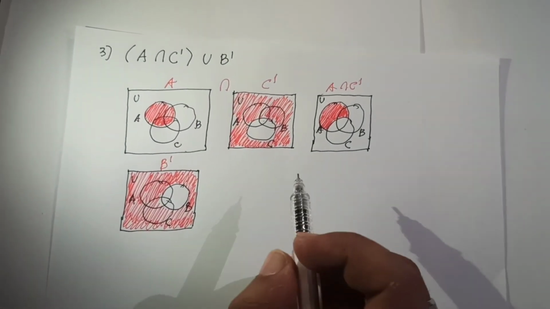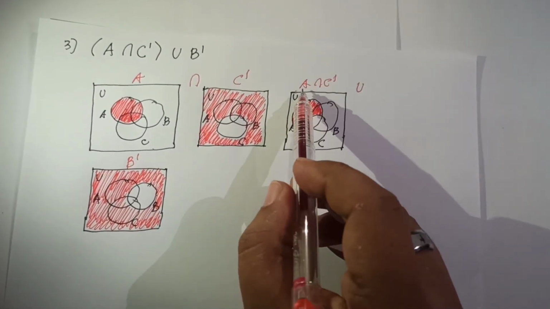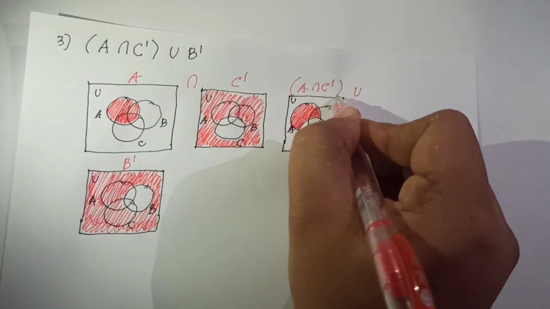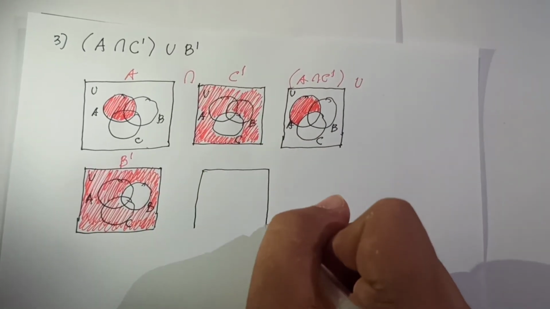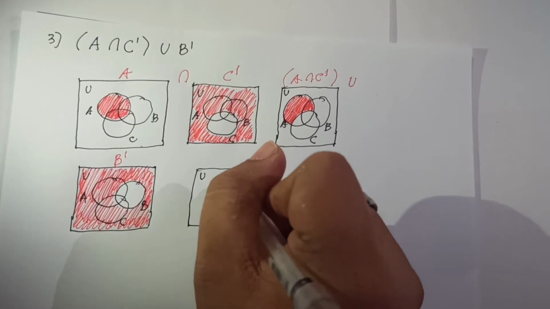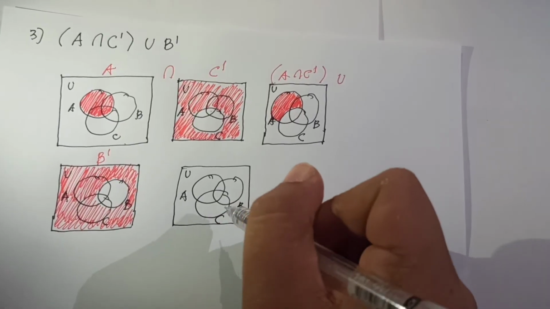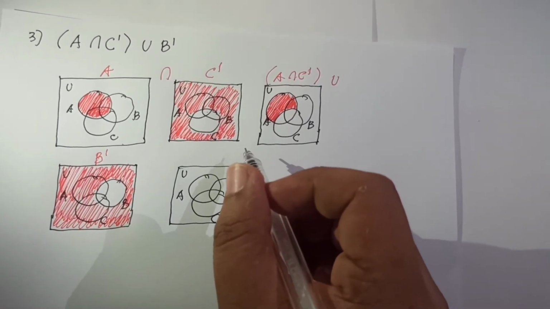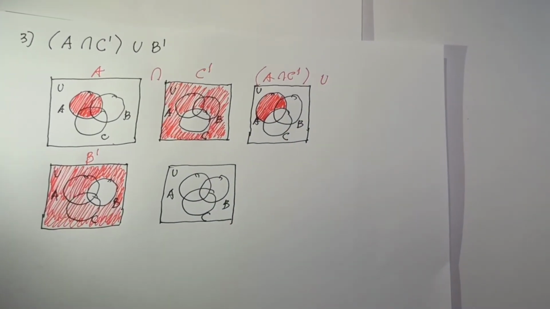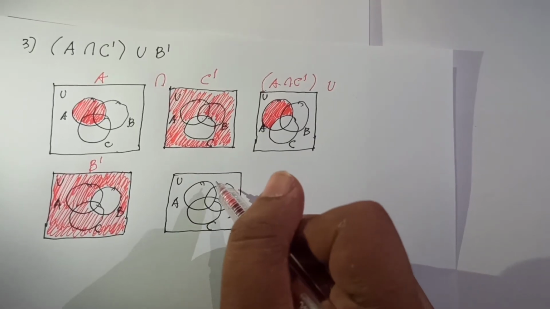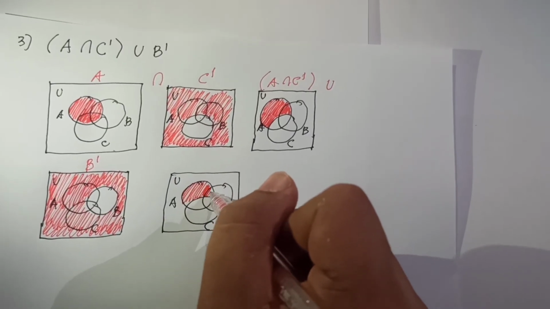Next is you're going to connect with the union of this. So you have the union, this one, union of this. So we're going to illustrate. Okay, so this is our A, this is our B, and this is our C. We are going to shade all the shaded part here and the shaded part here. So first is we are going to shade here, copy here.